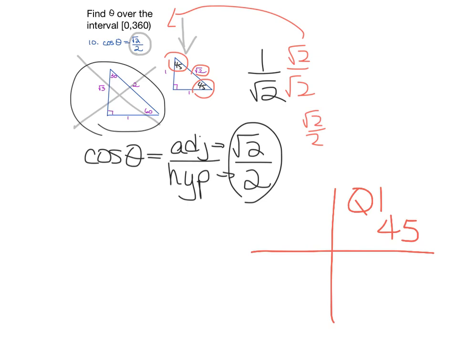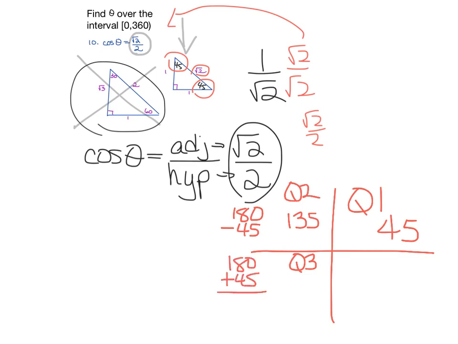Then to get the angle measure from quadrant 2, I take that angle and subtract it from 180. This is the process for every single problem. To figure out the angle measure for quadrant 2, subtract that first quadrant angle measure from 180, and you get 135. Then for quadrant 3, we're going to take that same 45, but instead of subtracting it from 180, I add it to 180.